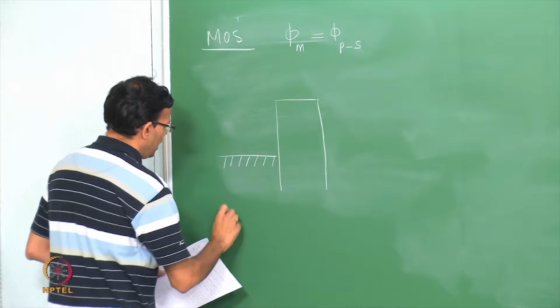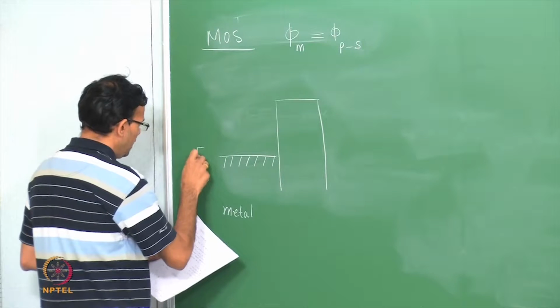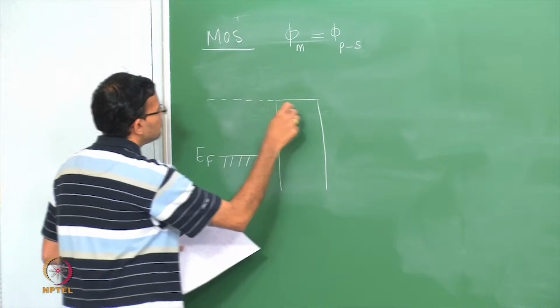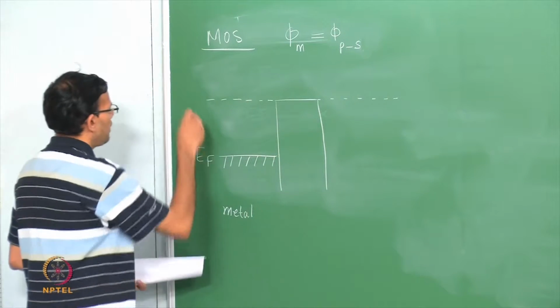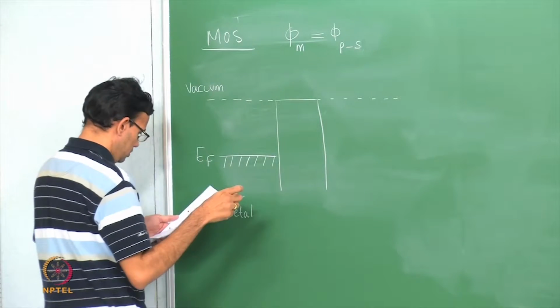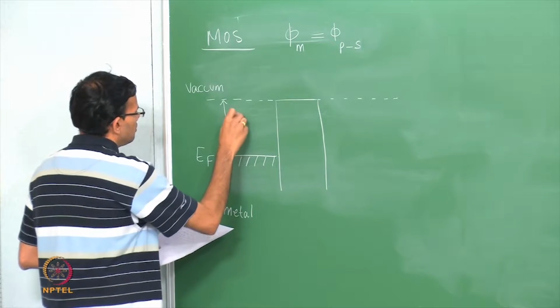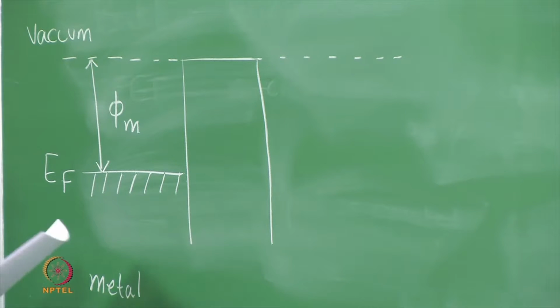So on the left I have my metal, which has a Fermi level of EF. The dotted line represents my vacuum level. So phi m is the work function of the metal.